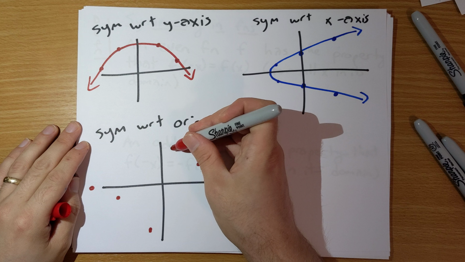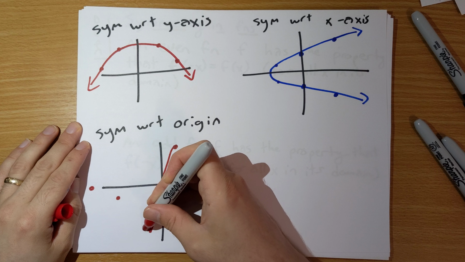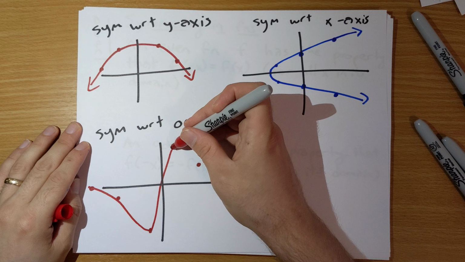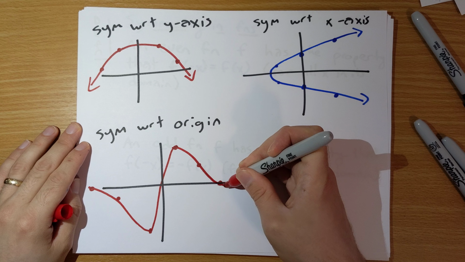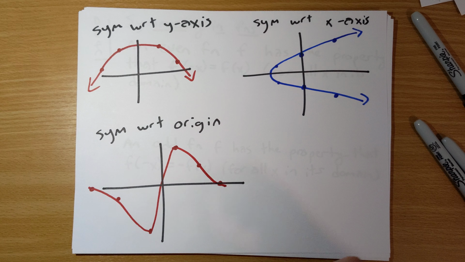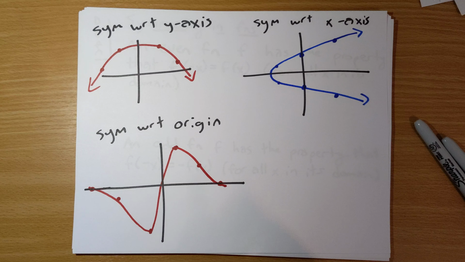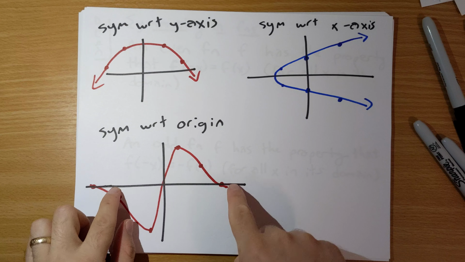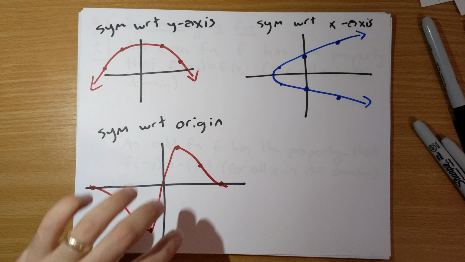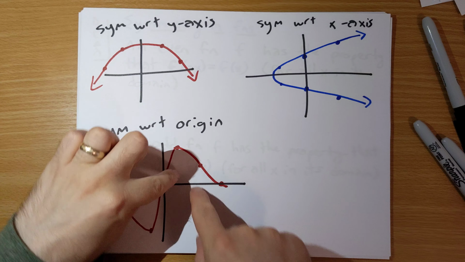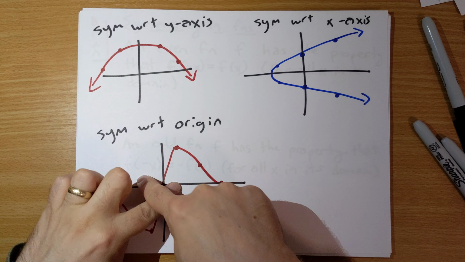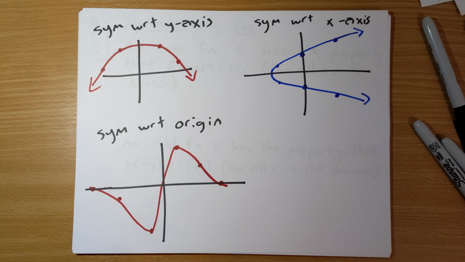And so this would be an example of a graph that is symmetric with respect to the origin. It has some kind of radial symmetry. If you could pick up the graph of the function and rotate it 180 degrees, you would get this graph again.